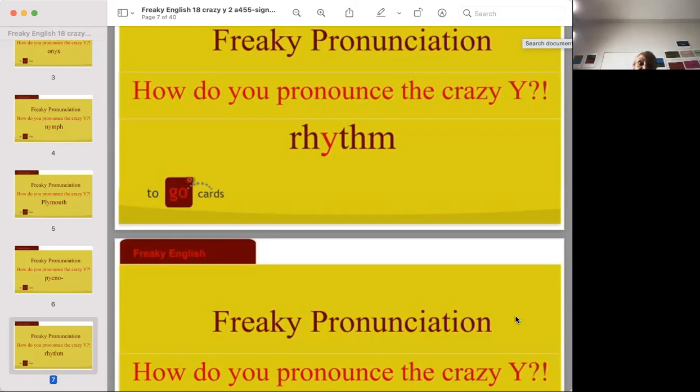I used to ask my students, are there any words in the English language that only contain either a consonant or a vowel? And they said, no, there's no words that contain only a consonant or only a vowel. I said, you're correct when you say there are no words that contain only a consonant, because otherwise you can't pronounce it. But there are several very important words in the English language that only contain a vowel. For example, a vowel. I. In French, je. I know my pronunciation is horrible.